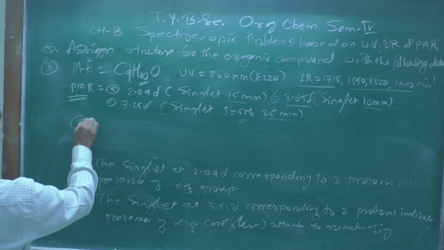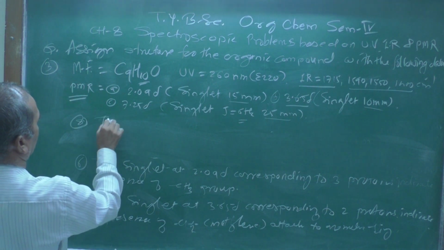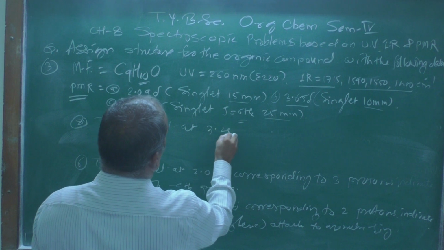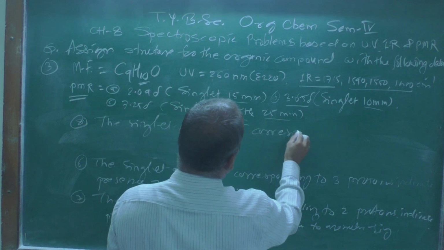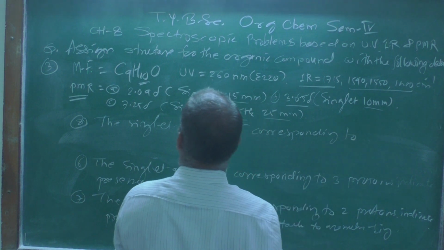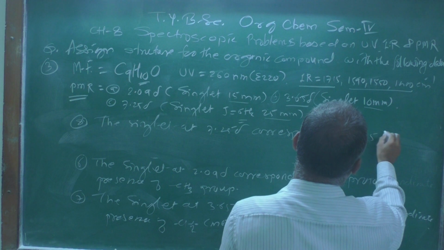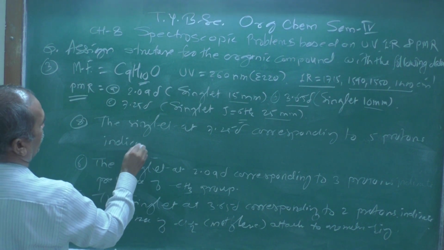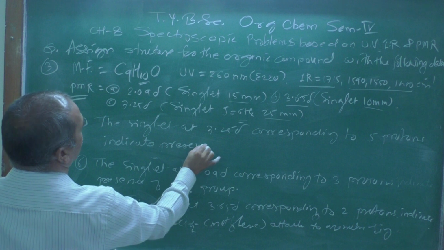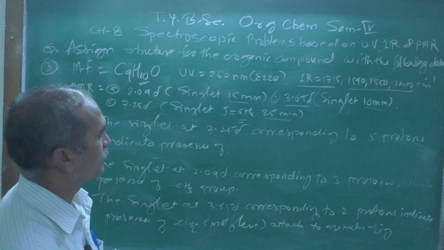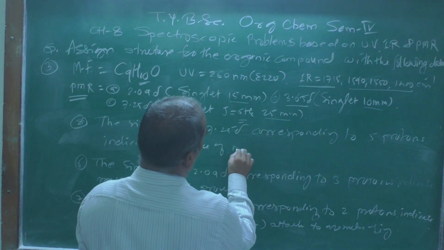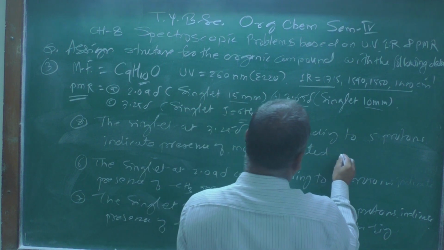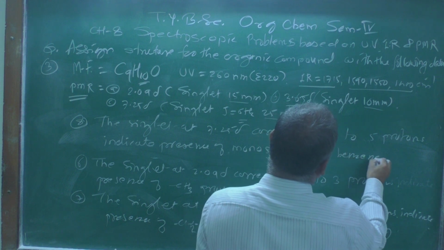Point number 8: singlet at 7.25 delta corresponding to 5 protons indicates the presence of a monosubstituted benzene ring.